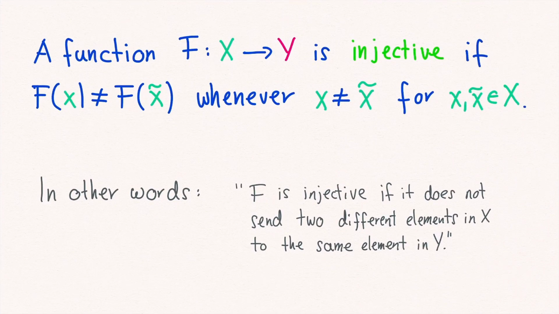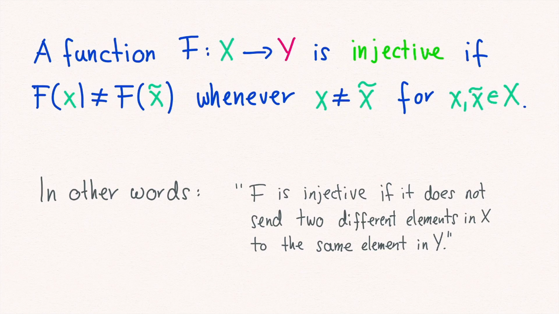A function is called injective if, again, I have a function from an arbitrary set X to an arbitrary set Y, and if two values in X, x and x tilde, are different, then also f applied to them are different. Meaning f of x is not the same as f of x tilde whenever these two x are different.